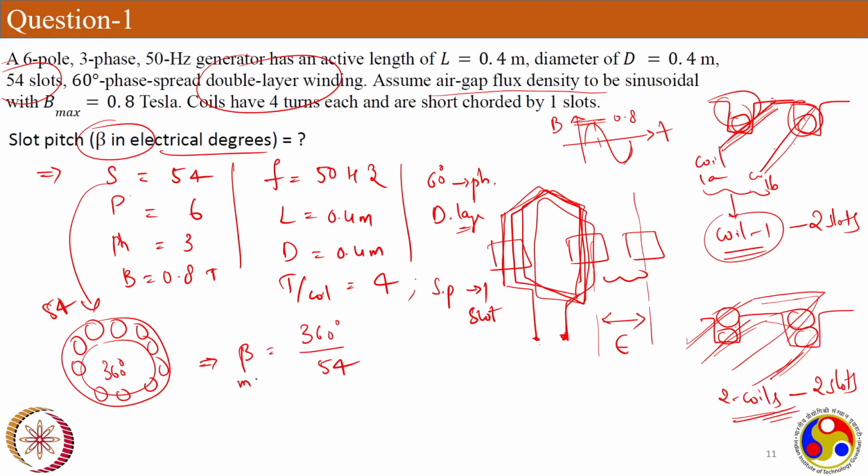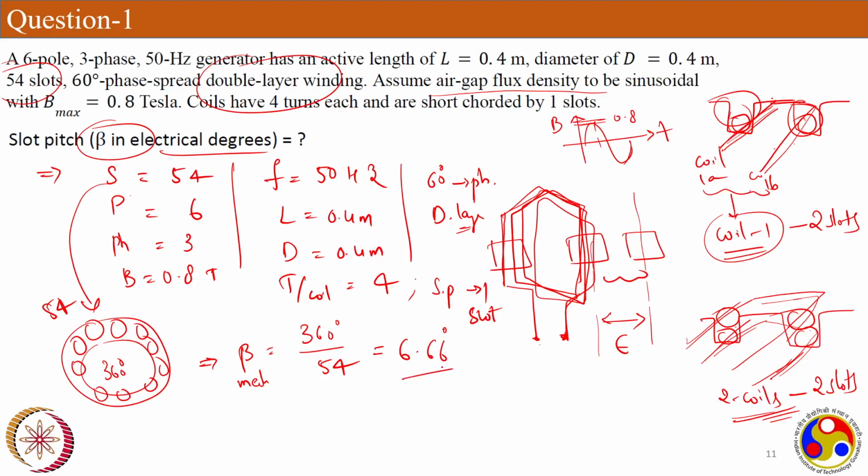You have to keep in mind this is the mechanical beta. What is 360 by 54? Can someone calculate it? I'm also calculating here. It's 6.66 degrees.